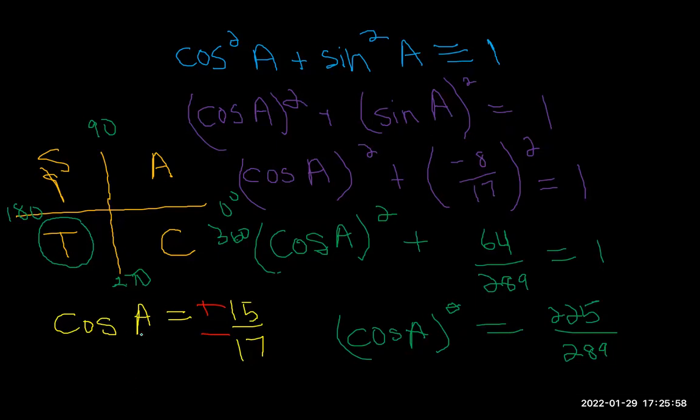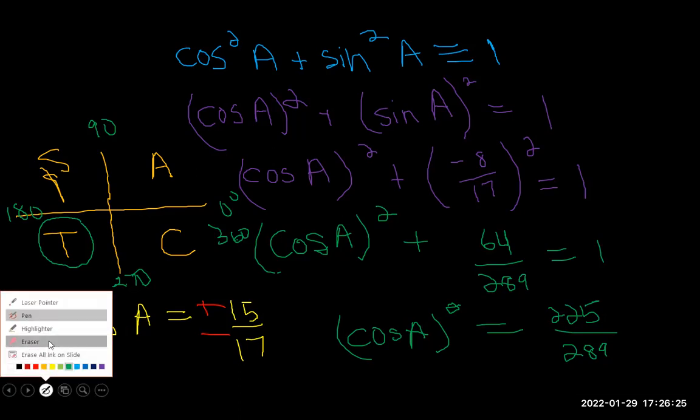So A is in the third quadrant, where only tan is positive and cosine and sine are negative. I see cosine of A here, so what does that mean? Since A lies in the third quadrant, and we're finding cosine, cosine has to be negative.